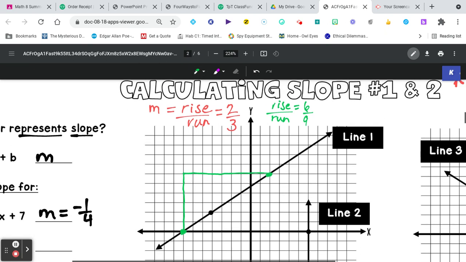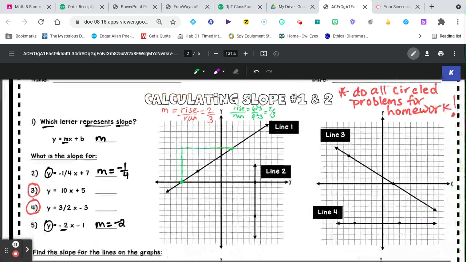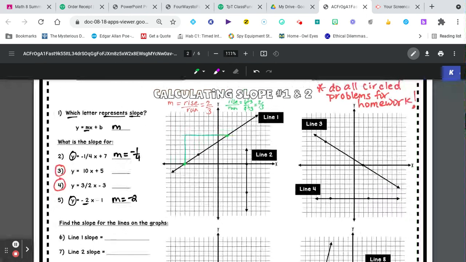But if you simplify it, divide them both by 3, you still get 2/3 for line 1. So of course you don't have to use the 2 points that they have selected for you. You can choose whatever 2 points you want to, as long as you can read them. All right, so I'm going to look at line 2. Let me go ahead and write the slope of line 1 was 2/3.